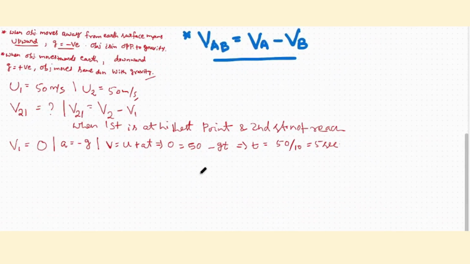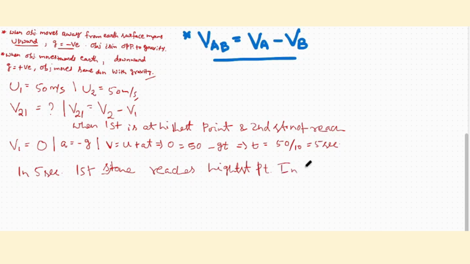So in these 5 seconds, while the first stone reaches the highest point, the second stone reaches velocity v2, that is equal to u2 plus gt, which is 50 plus 10t.